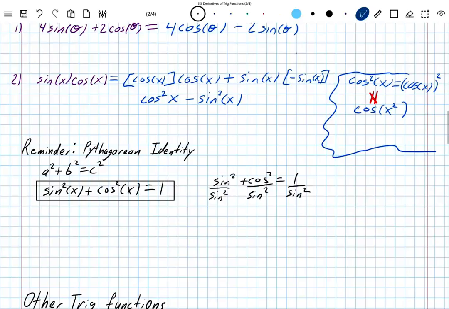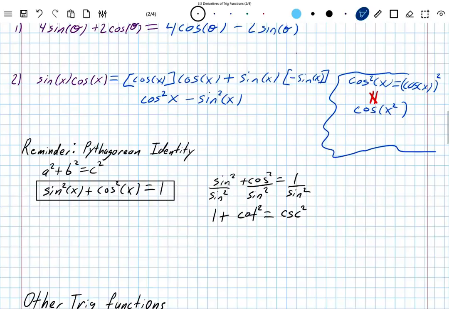What do I get out? Well, these would cancel, and I get a 1 plus cosine squared over sine squared. That's cosine over sine all squared. Cosine over sine is cotangent squared. 1 over sine squared. 1 over sine is cosecant squared. Nice. That's a hard one to remember. 1 plus cotangent squared equals cosecant squared.